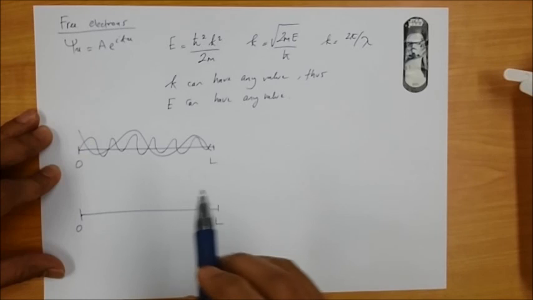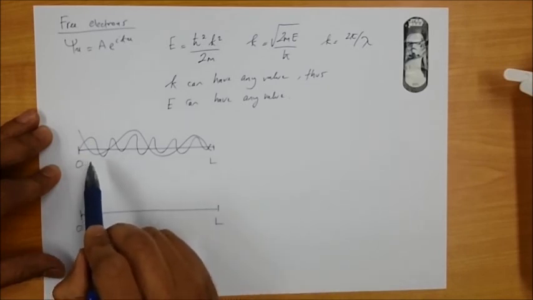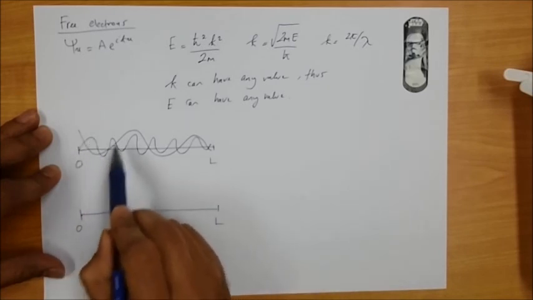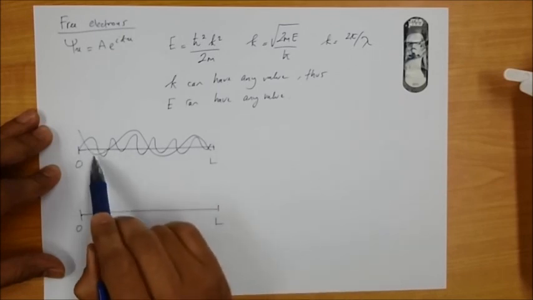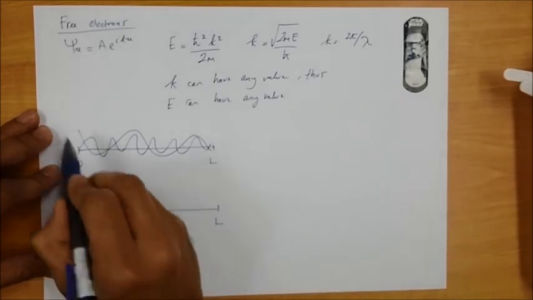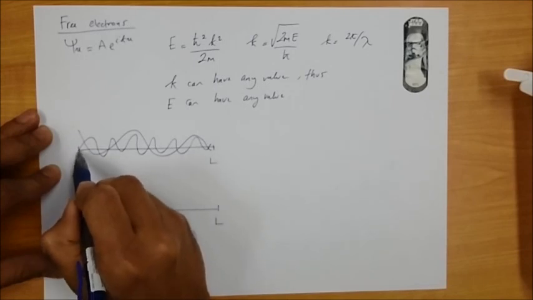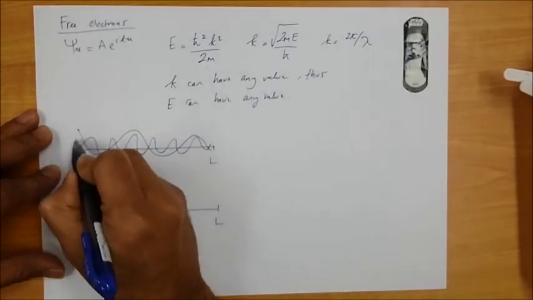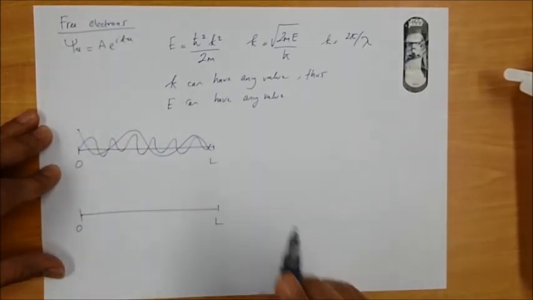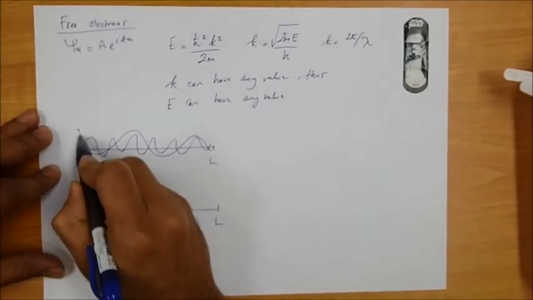Also, if you pay attention, aside from the fact that the frequency of the wavelength can be of any value, this is high frequency, this is lower frequency. For example, at this point, the value of the wave function can be of any value. You can start here, here, here, doesn't matter, right? You can have any wave function, any position at 0.